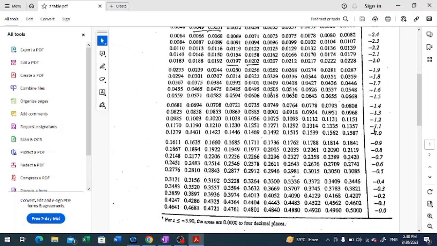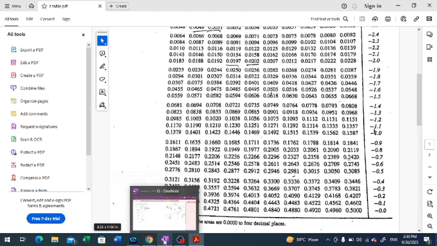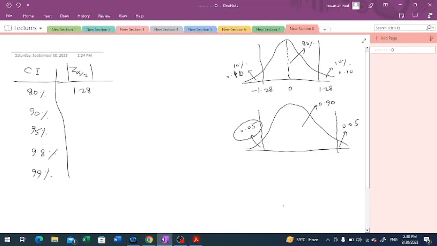The average of minus 1.64 and minus 1.65 is minus 1.645. Therefore, minus 1.645 here, plus 1.645 here, and we quote the z values without signs, in absolute terms, for 90% CI.